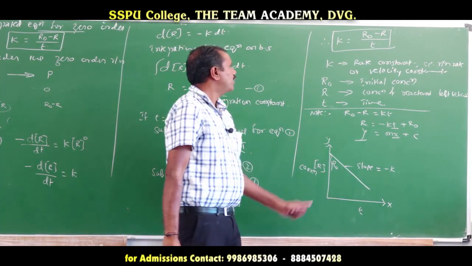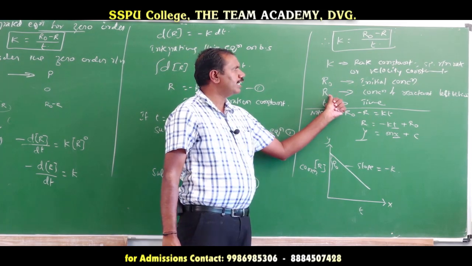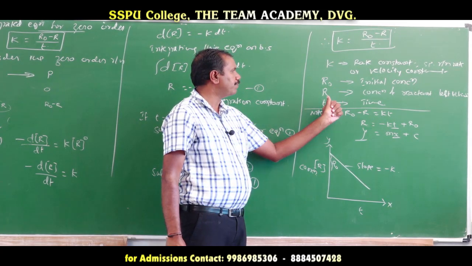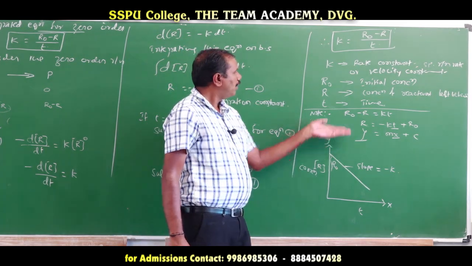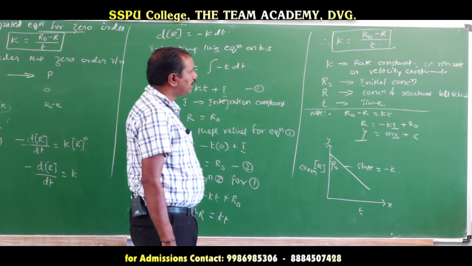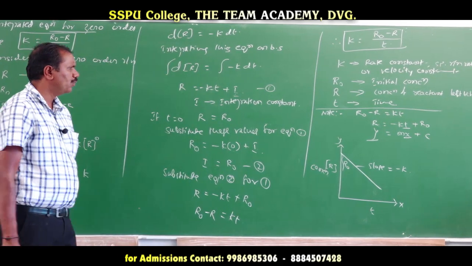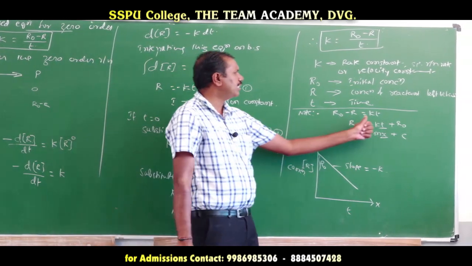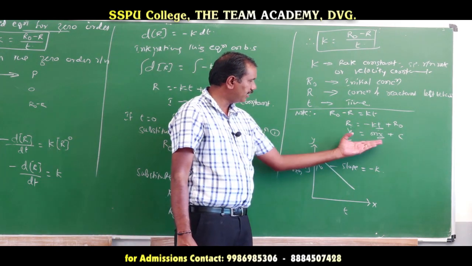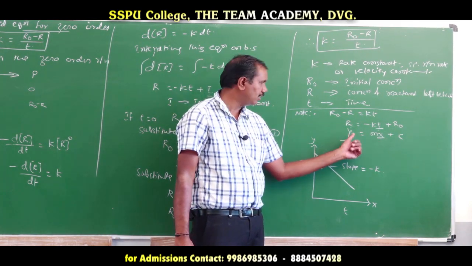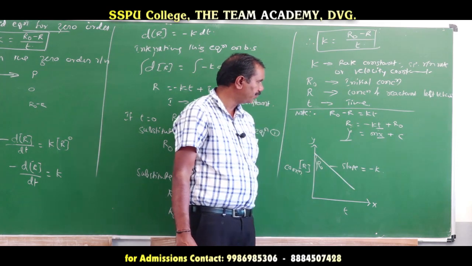where R naught is the initial concentration, R is the concentration of reactant which is left, and t is the time interval. Then what is the graphical representation for that equation? We know that R naught minus R is equal to kt, so R is equal to minus kt plus R naught. This is modified to the straight line equation, y equals mx plus c.